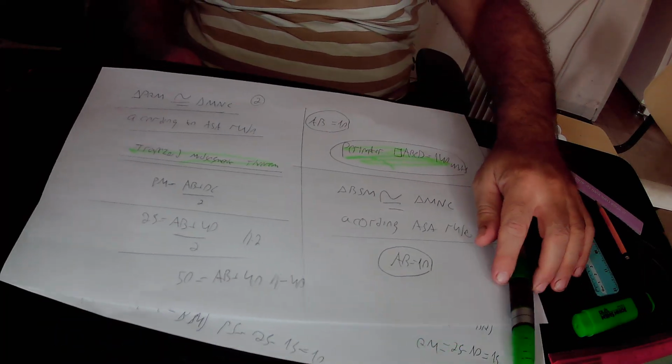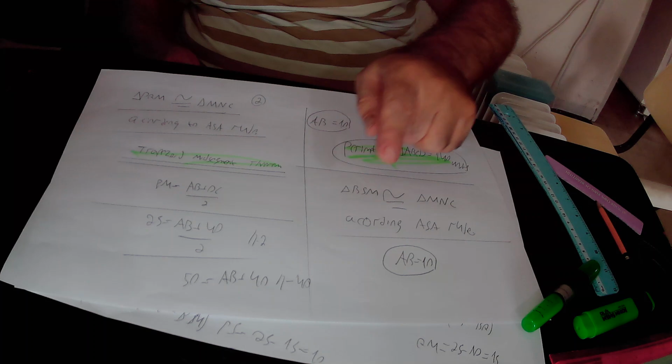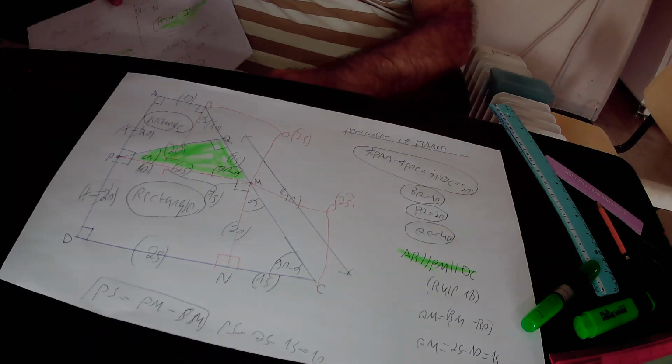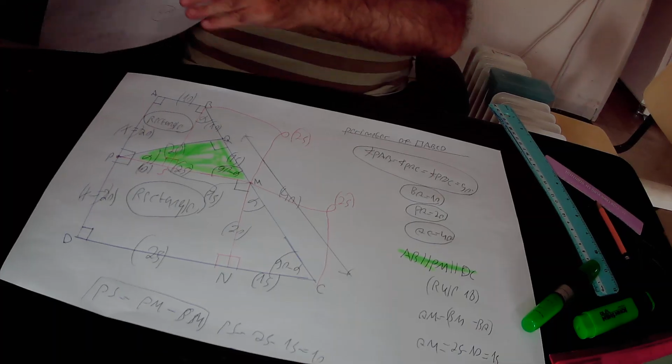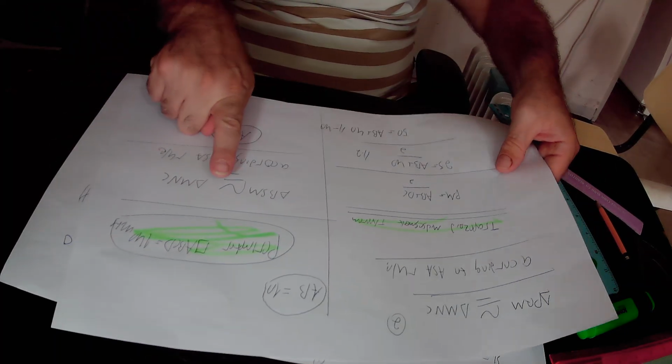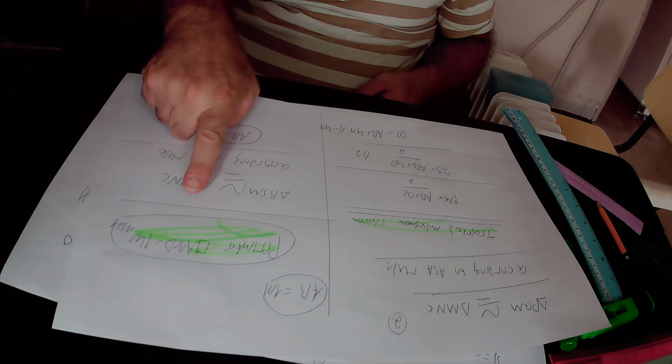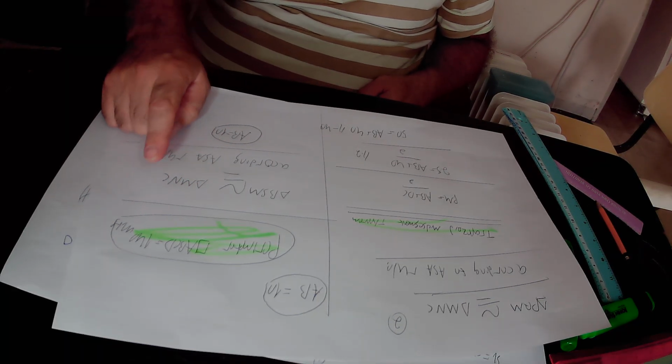So today we found that the perimeter of quadrilateral ABCD, that is actually trapezoid ABCD, is equal to 140 units in length.